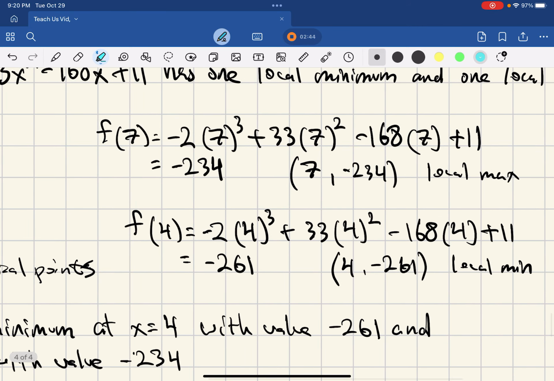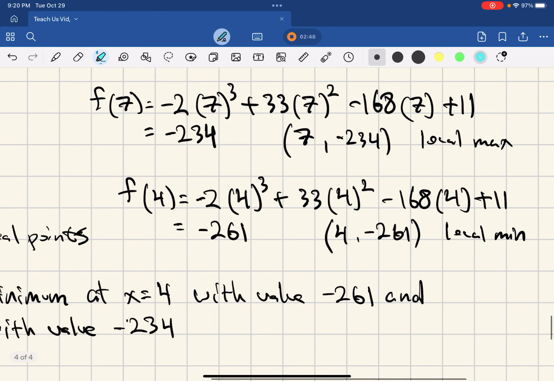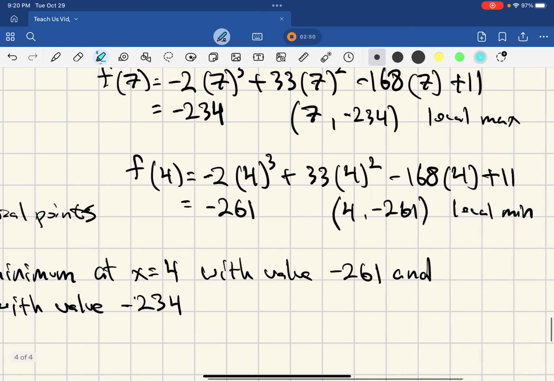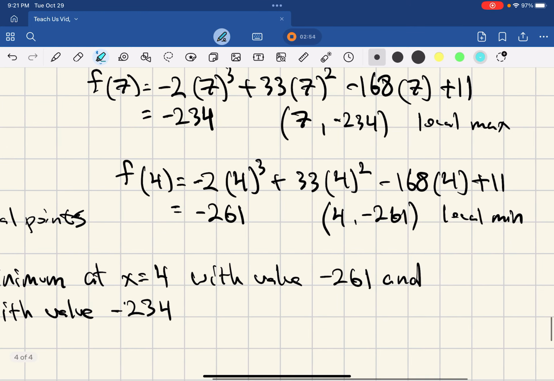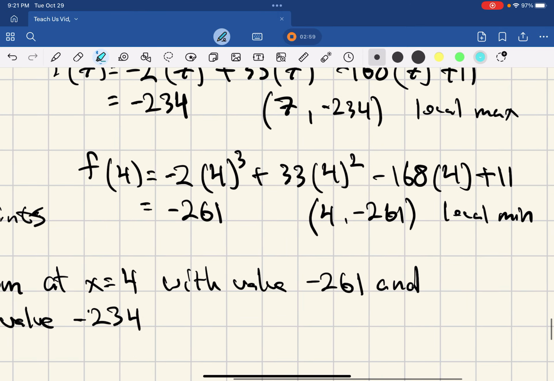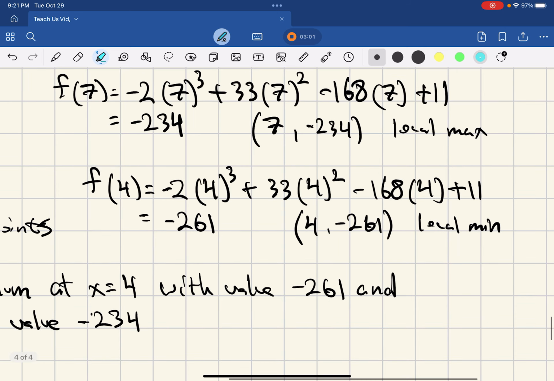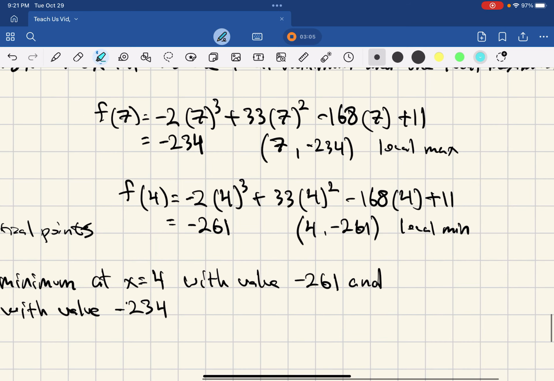When f of 7, we get negative 234 for our y value. And the other critical point, when it's f of 4, our value is negative 261. So our coordinates are 4 and negative 261.